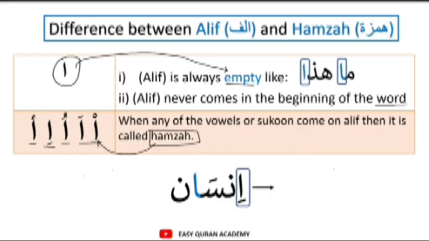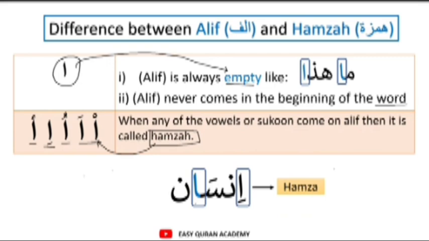Okay, here we have insanun. So what is this? Is this alif or hamza? Hamza. Hamza, excellent. And why is it hamza? Because it has a vowel sign on this. So this is hamza, excellent. What about this one? Alif.